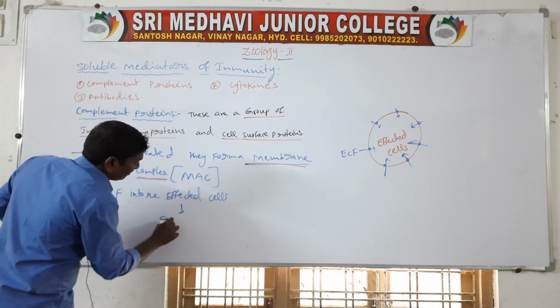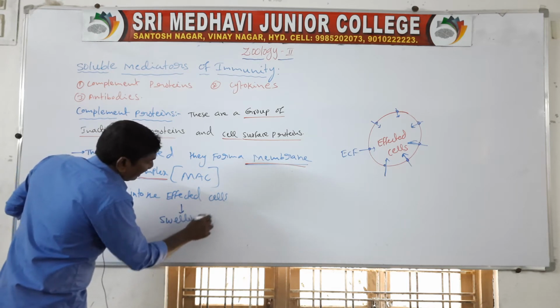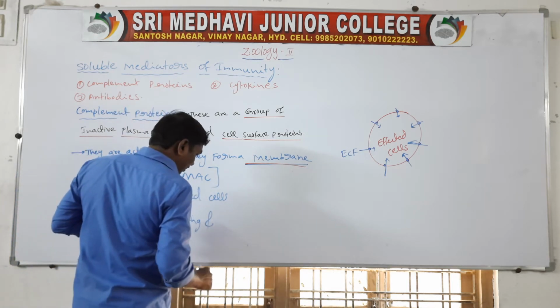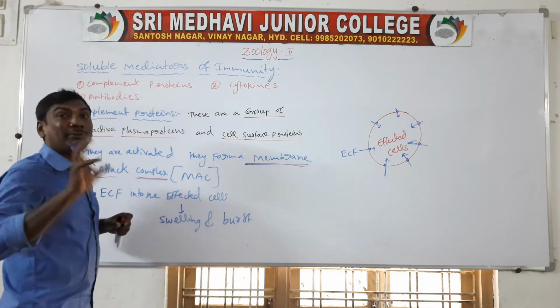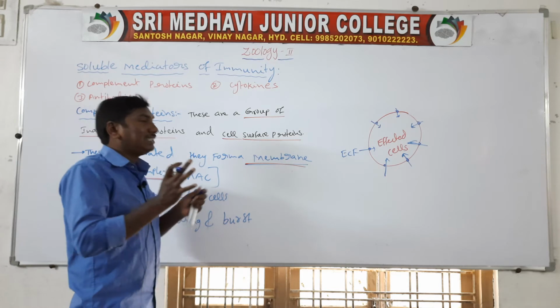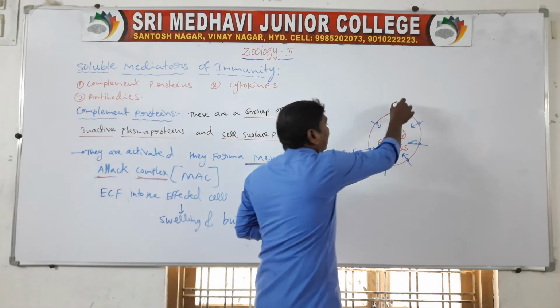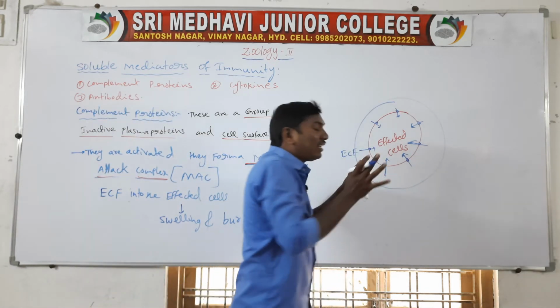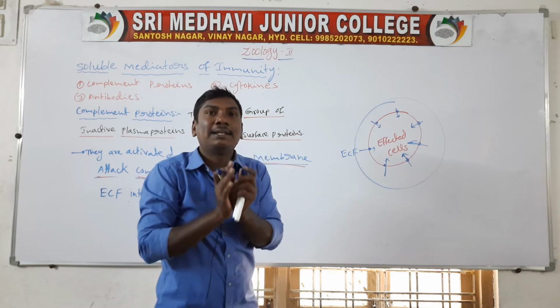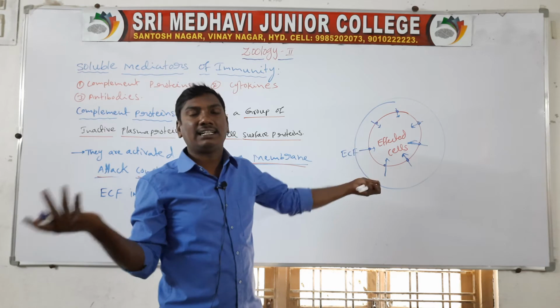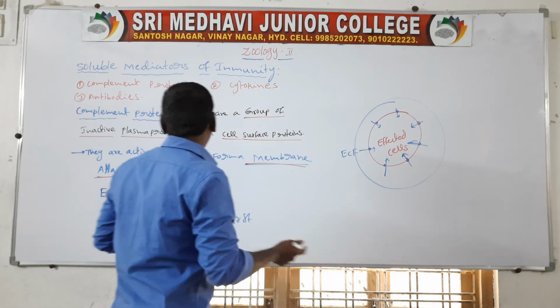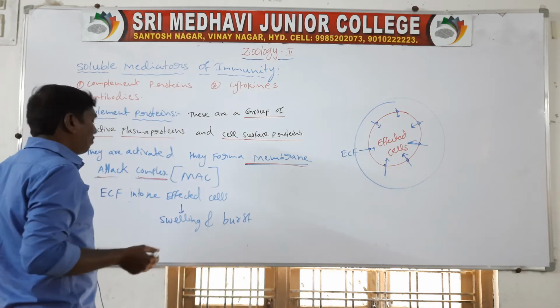Swelling and bursting means the cell size increases, and after the increase the cell bursts. So the affected cell dies. This is the membrane attack complex formed by complement proteins.